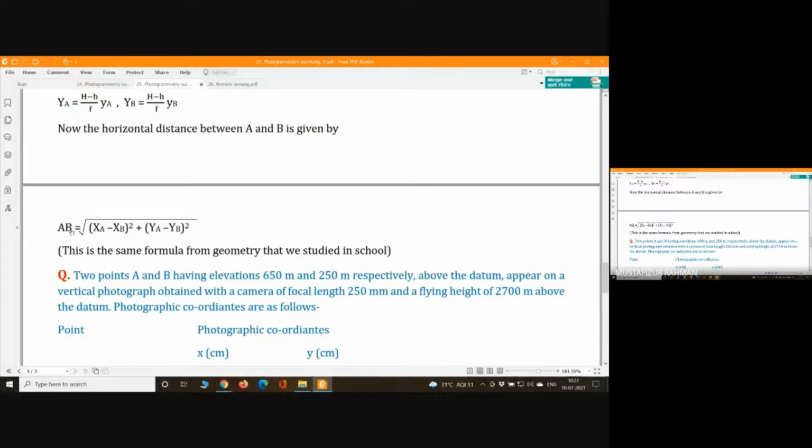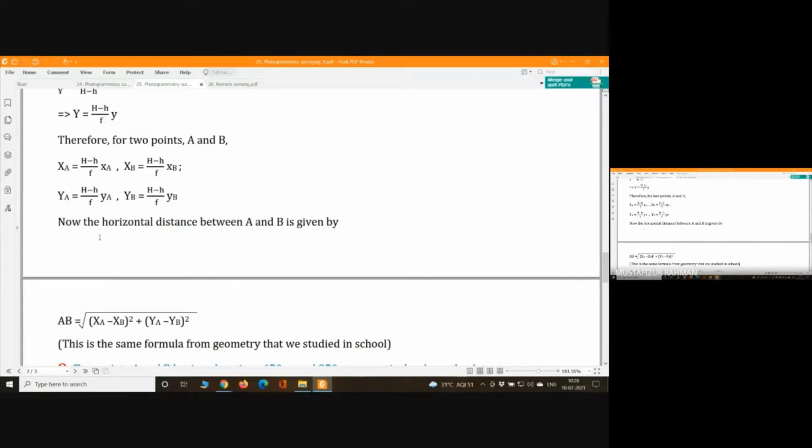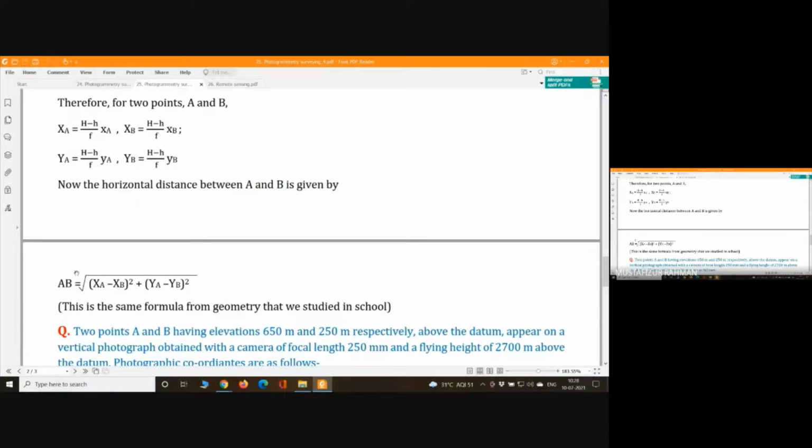So this AB distance will be given by root over capital XA minus capital XB whole square plus capital YA minus capital YB whole square, right? That formula will give us the distance between any 2 points. Now if we are given the coordinates of the photograph, we can use the scale formula and then relate the ground coordinate with the photograph coordinate. And then we can find out the distance between any 2 points.